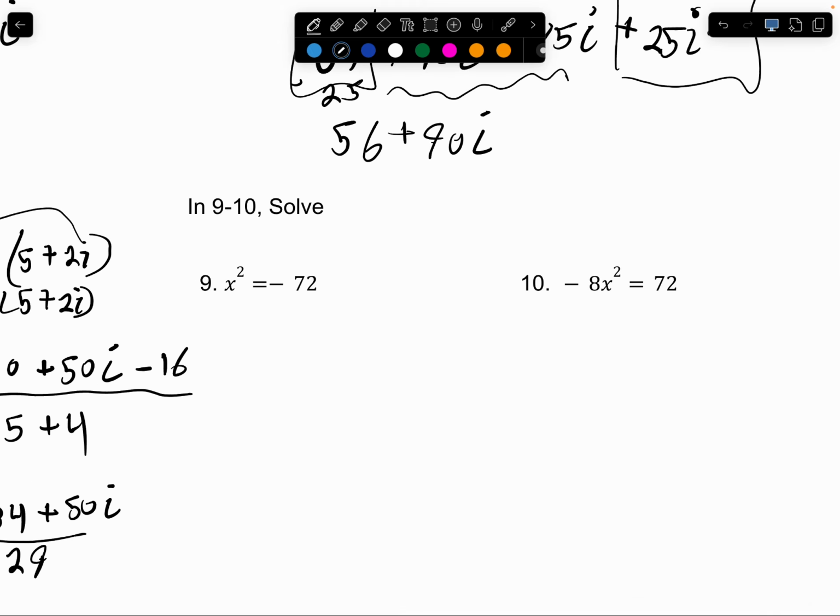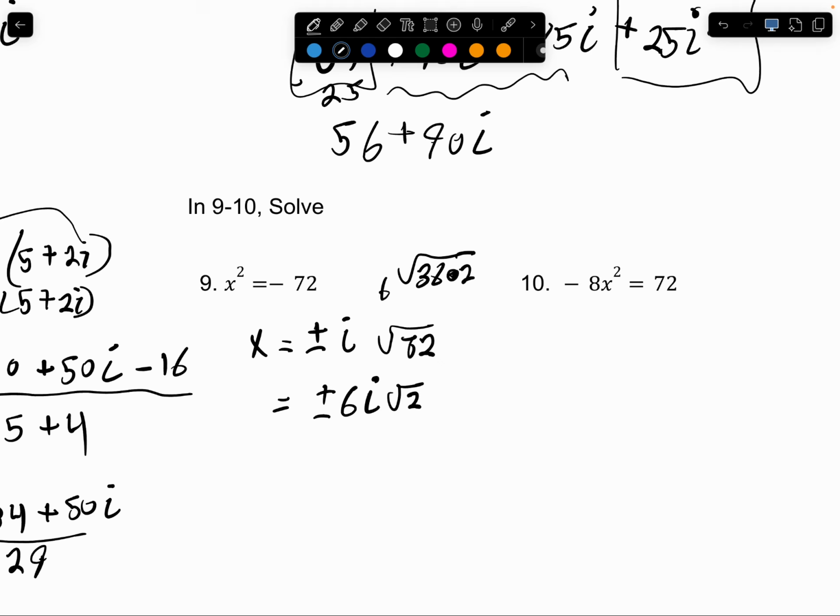x squared equals, so x equals plus or minus i times the square root of 72. 72 is what? 36 times 2, so plus or minus 6i, the 2 stays under. Square root of 36 is 6, but the 2 stays under, okay?